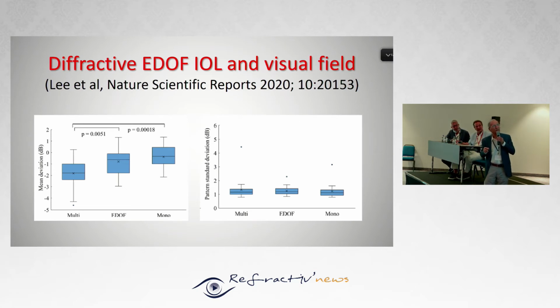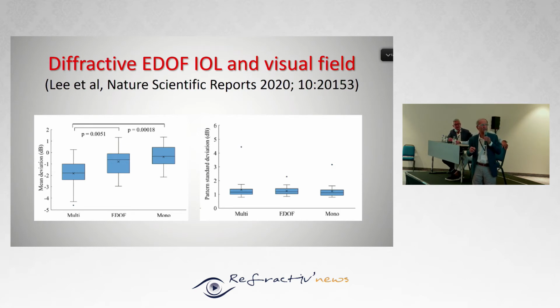Quite recently, this interesting paper appeared. Those were lenses from J&J. So this was the J&J multifocal, this was the Symphony, and this was a monofocal. And this is a very important paper because it seems that the decrease in the mean deviation obtained with the EDOF lenses is very, very small as compared with the monofocal lenses.